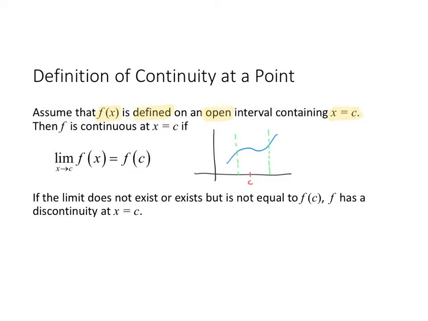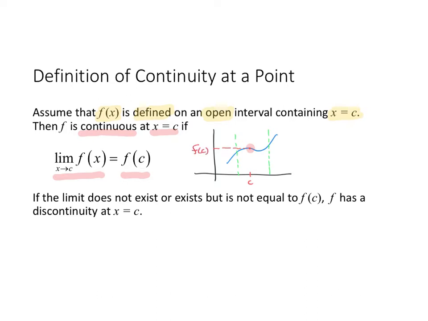So the next part of this statement says that it's continuous at x equals c if the limit is the same as the function value. So let's check that out. At this point right there, the limit is the same as the function value.